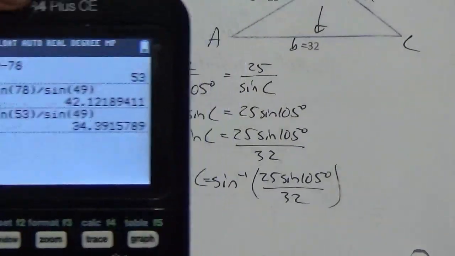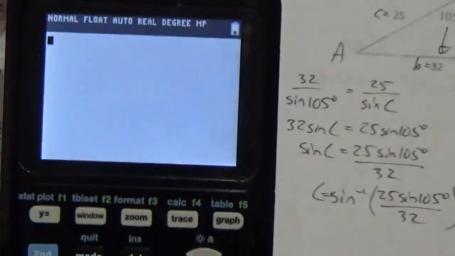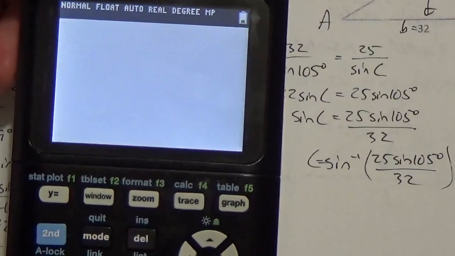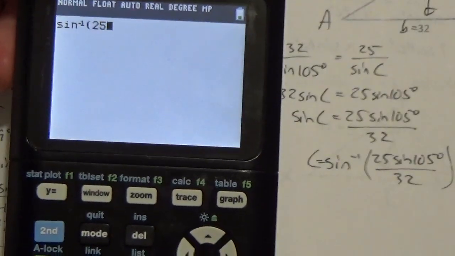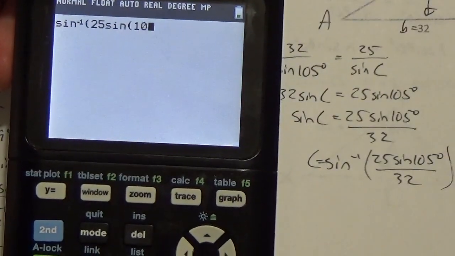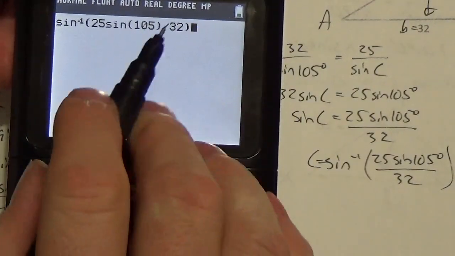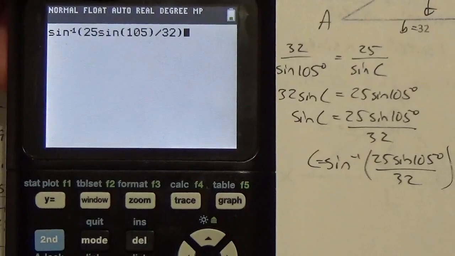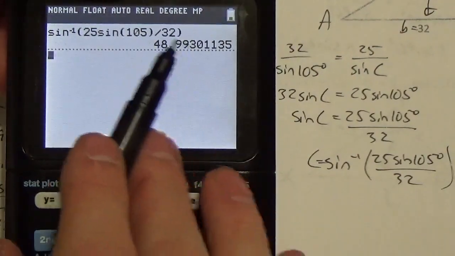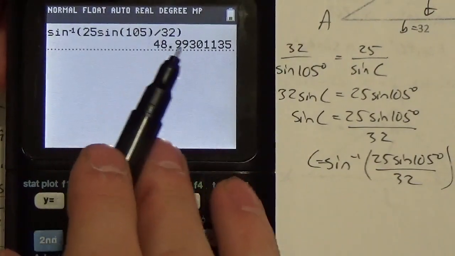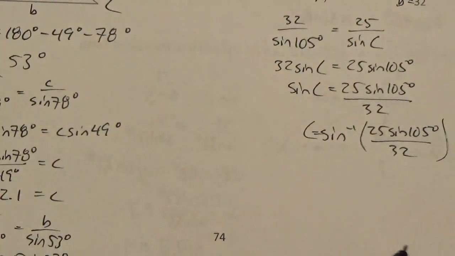I'll go to my calculator. I've got the inverse sine of 25 times the sine of 105, close the bracket there, divide by 32, and then I close the bracket for the inverse sine function right there. Okay, and then to the nearest degree, I'm getting 49 degrees.